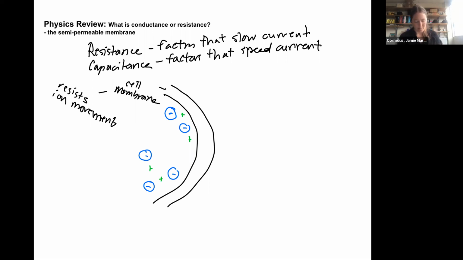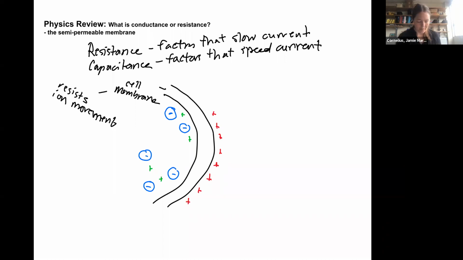But then you get these big buildups of positively charged cations like sodium wanting to come into the negative environment of the inside of the cell. They're attracted to those big negative anion proteins. But they can't go, right? Because they have no path. And so there's a lot of resistance there.